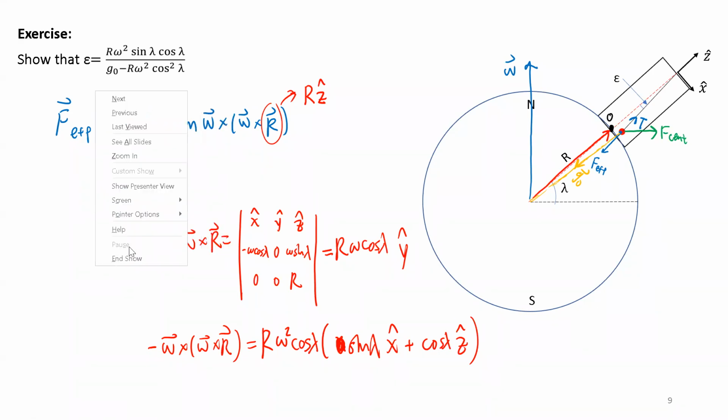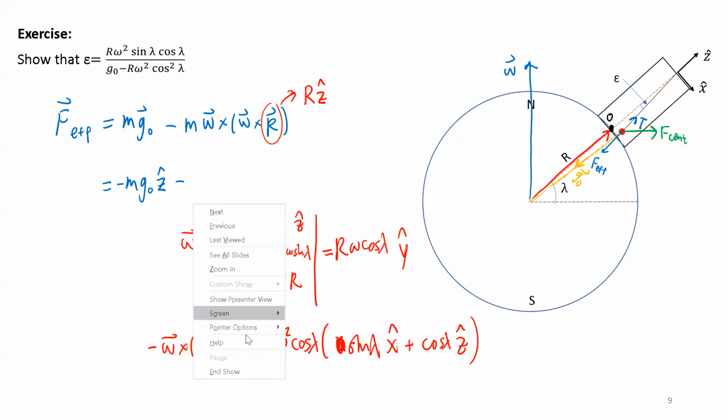So therefore, don't run out of space, but let me just write the whole result here.